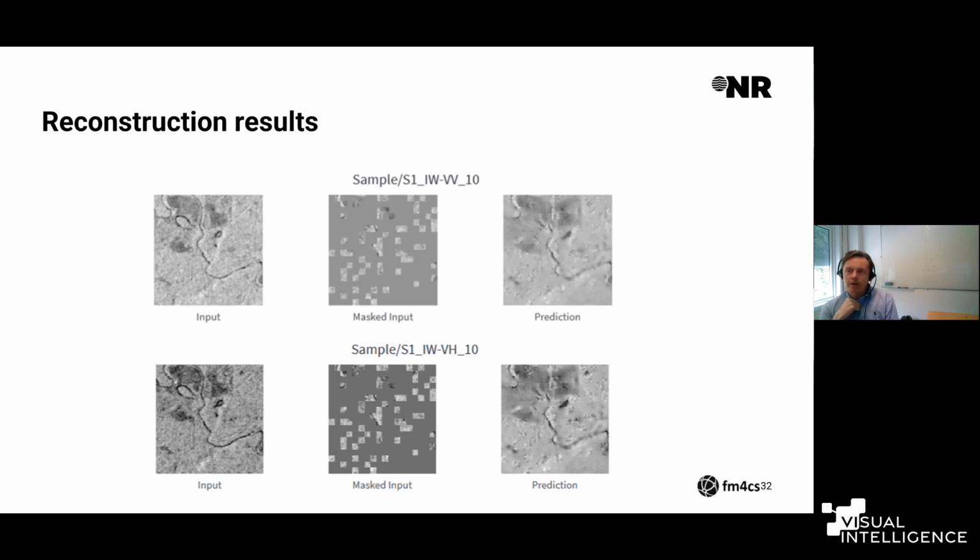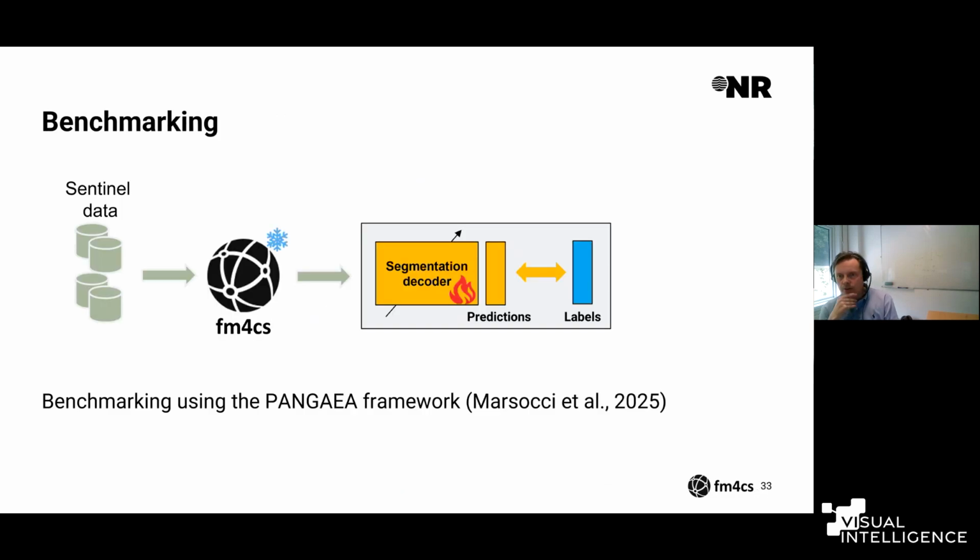To benchmark the model here, we have been using something called the Pangaea framework that is developed in the field lab community, meaning that we take the model we have, we freeze it, we don't change the weights, and evaluate that on a specific set of datasets. So there's a lot of them.